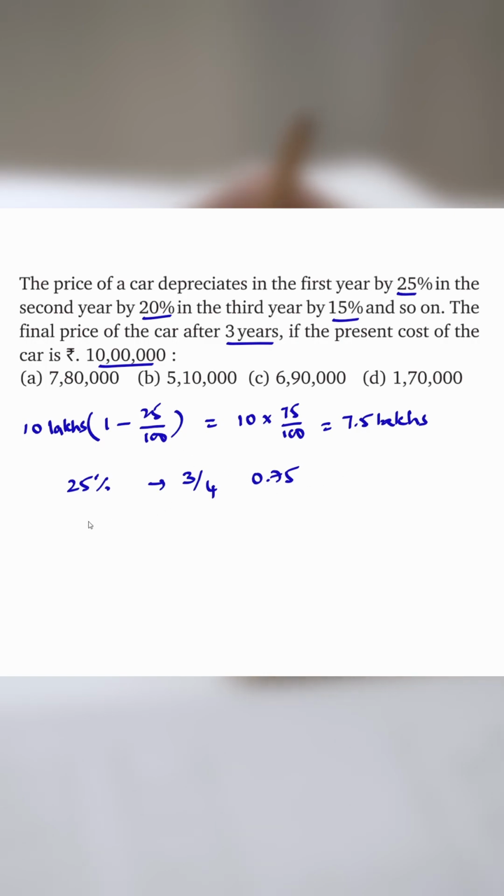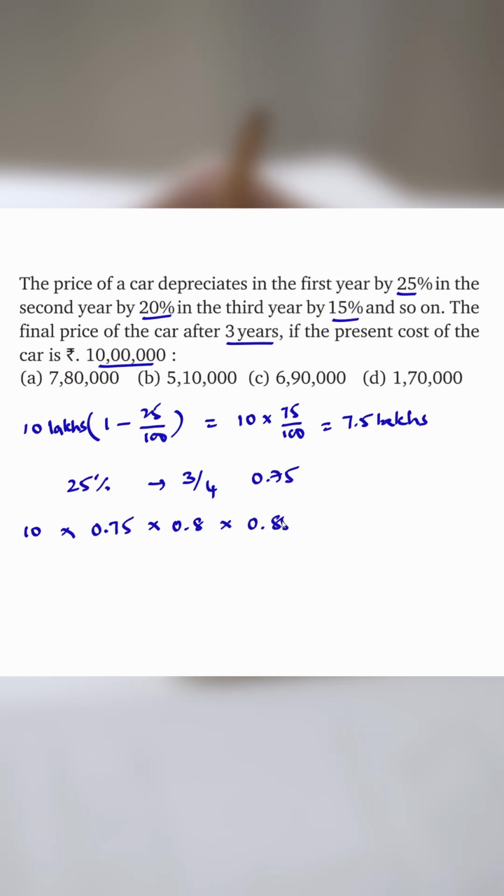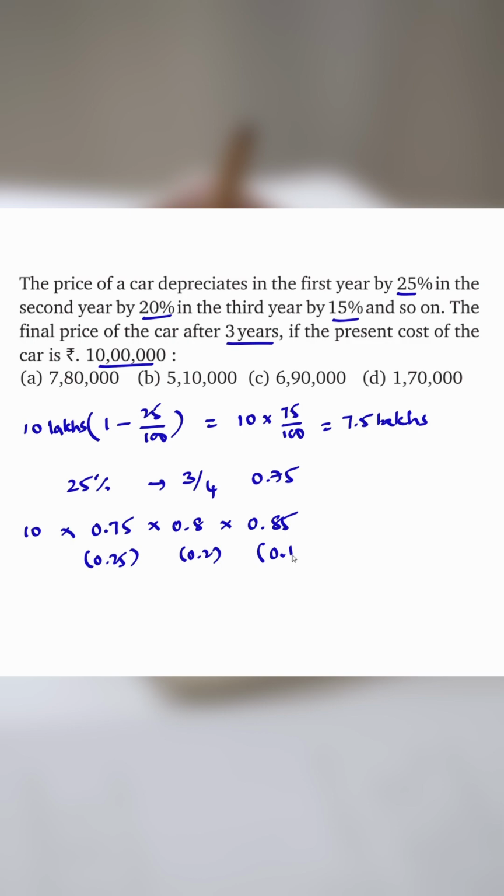So our answer basically is 10 lakhs times 0.75 times 0.8 times 0.85, for each of those percentages given in the question. That is 0.25, 0.2, and 0.15 respectively.